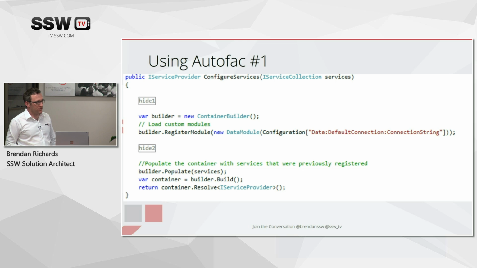I do find I use Autofac a lot, and Autofac's got some nice features that I like. One of the ones I like is that with the default dependency injection system, when you ask it to get you something, it'll use just the first constructor it finds. Autofac will scan the dependencies that got registered and find the constructor with the most parameters that you've got services for. So it'll find the best fit, the one that matches better.